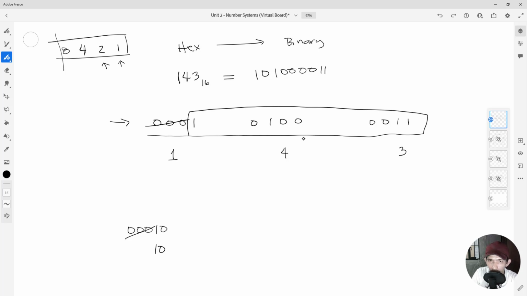And don't forget the number 2 as the base of binary. So that's how you do hexadecimal to binary.